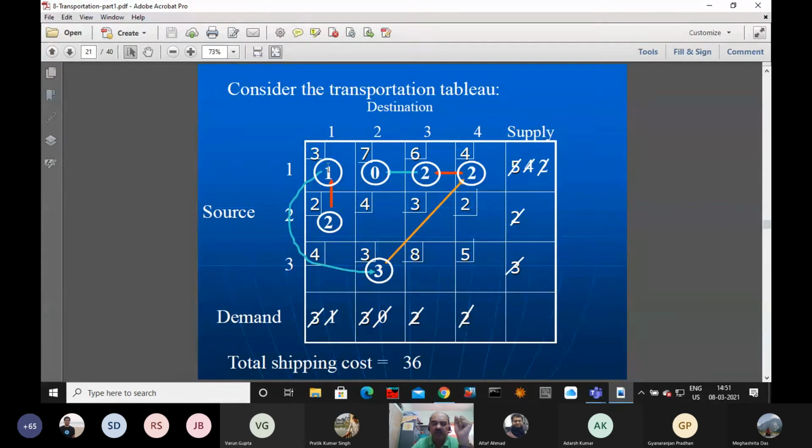Once you have allocated 1 unit, nothing is left out, so we drop the first column. And out of 5, 1 has gone, so 4 units are left out. This first column is gone, and the second row is gone. So both have gone.